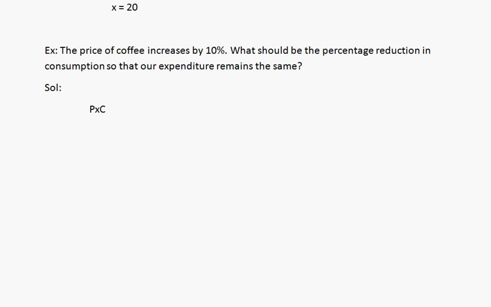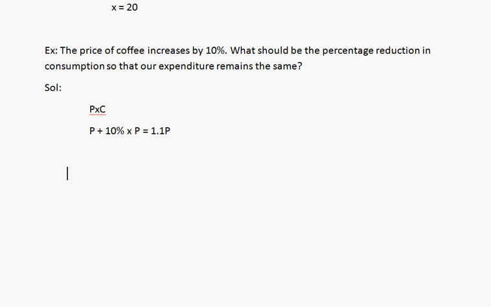So our total expenditure was P into C. Now the price has been increased by 10%, which means the price becomes P plus 10% of P, which is 1.1P. So it is equal to 1.1 times P.